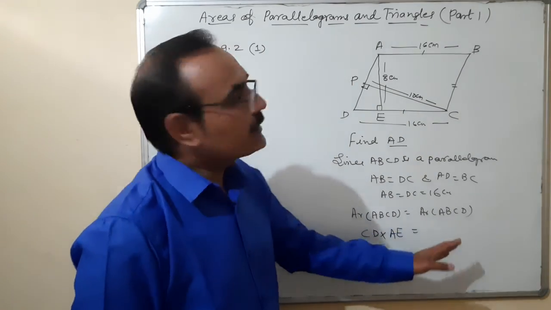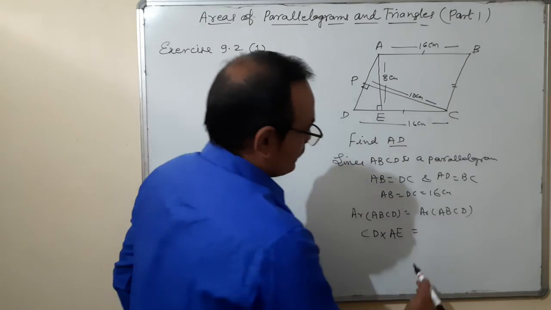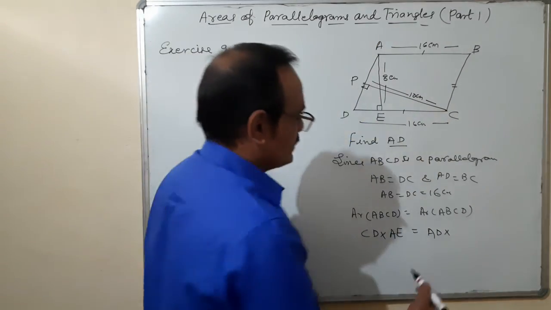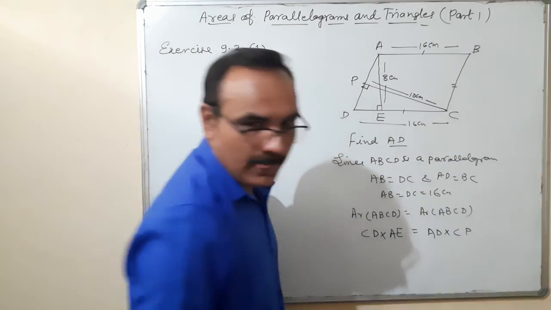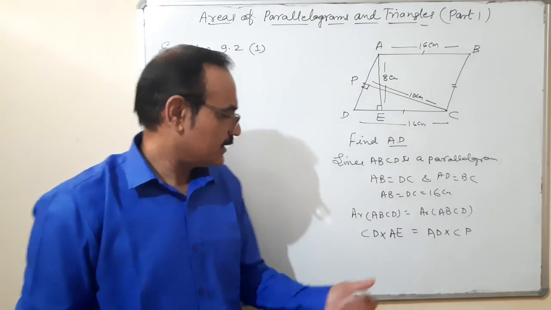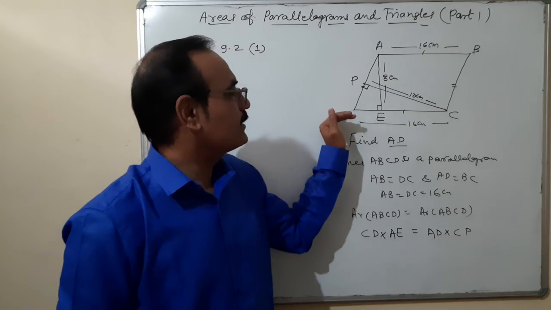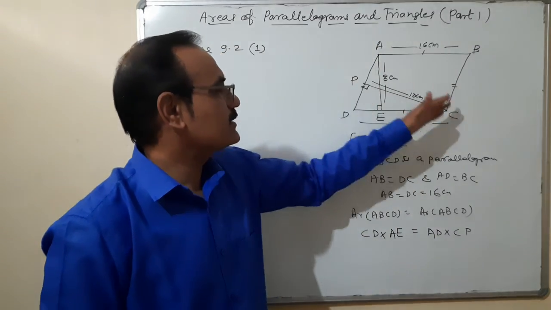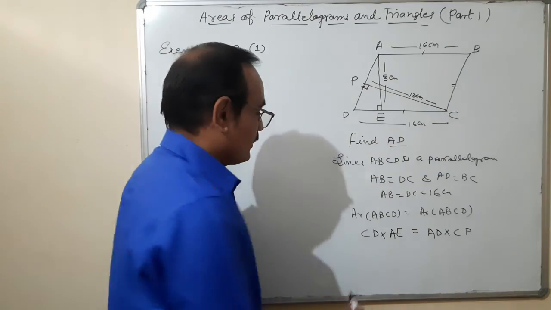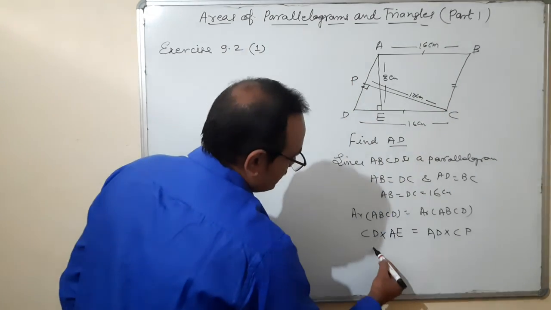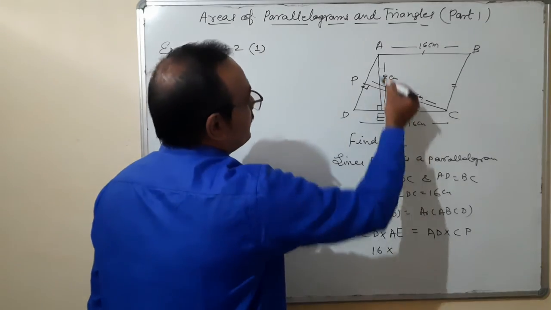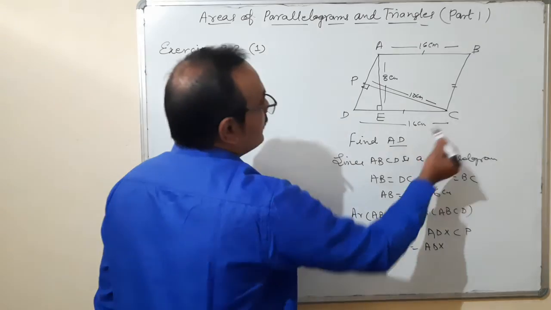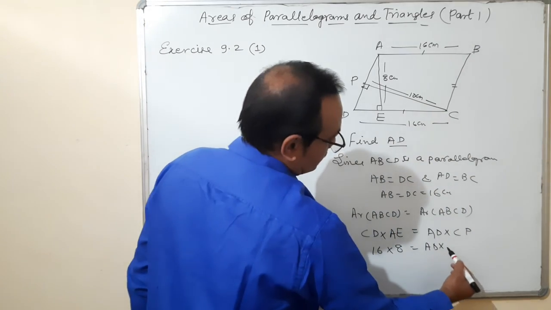This time I want to take the base as AD. So the base is AD, then what is the height? Base AD, height is CP. Both the areas are the same. If I take this as the base, the height is the perpendicular on it. CD, the value of CD is 16 multiplied by AE, that is 8, is equal to AD, which we are finding, multiplied by CP, which is given as 10.